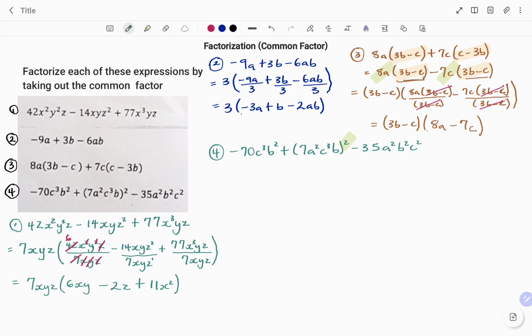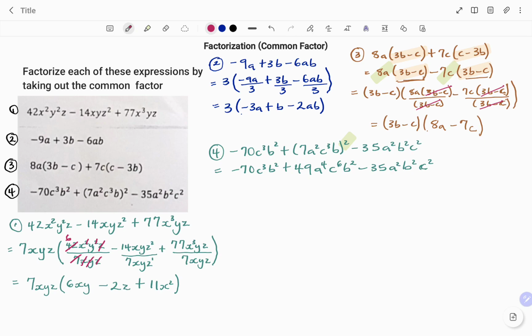Therefore, applying the laws of exponents, I have -70c^3b^2 + 7 squared, that's 49, a^2 raised to the power 2, that's a^4, c^3 to the power of 2, that's c^6, then b^2, minus 35a^2b^2c^2.